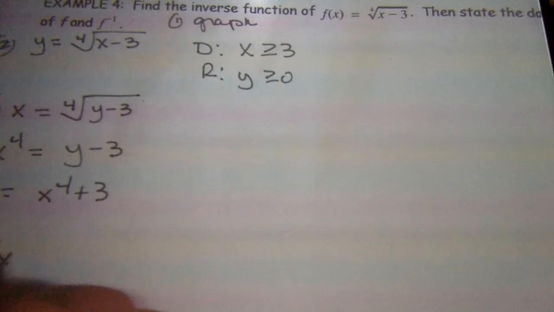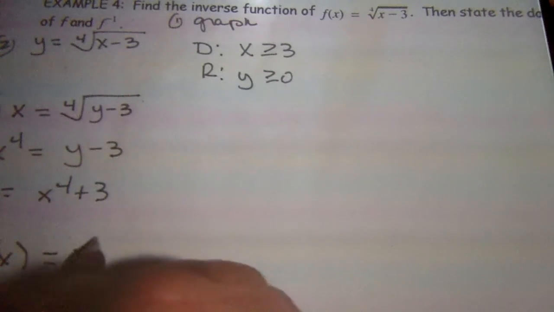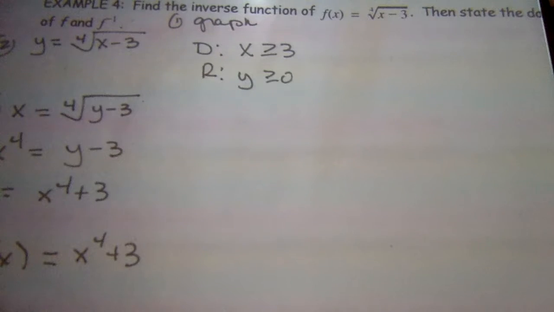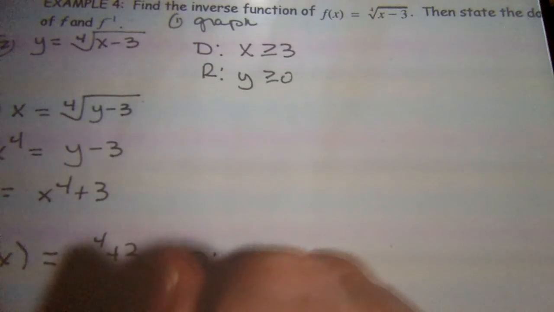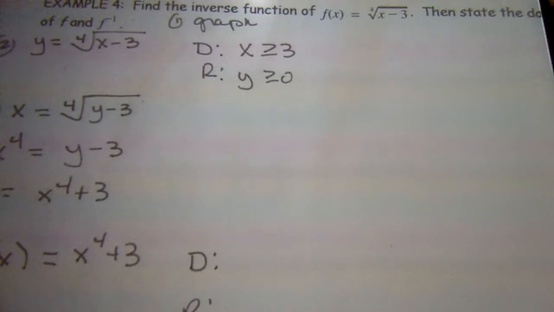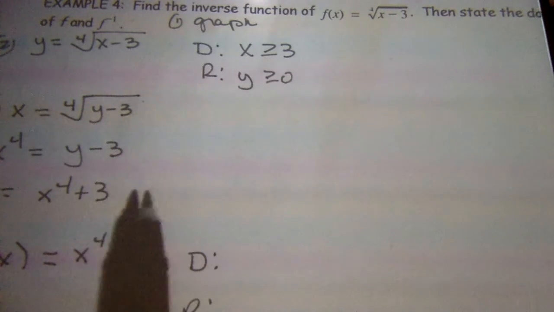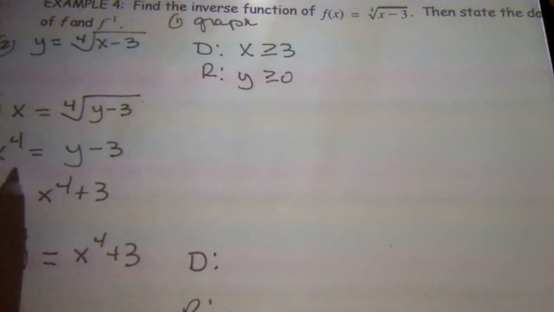And then add 3 over. What's the domain of the new function?